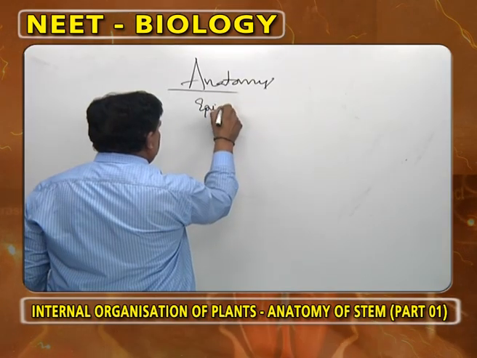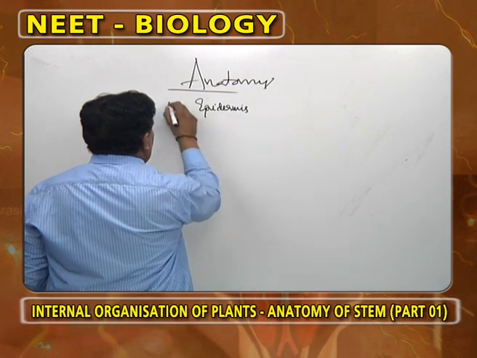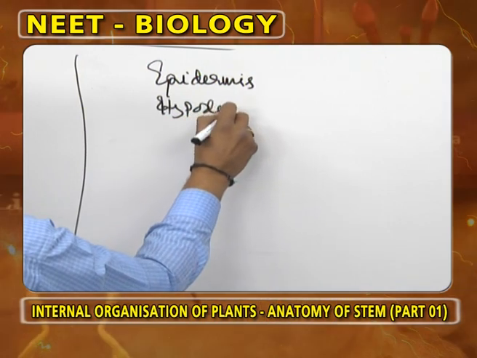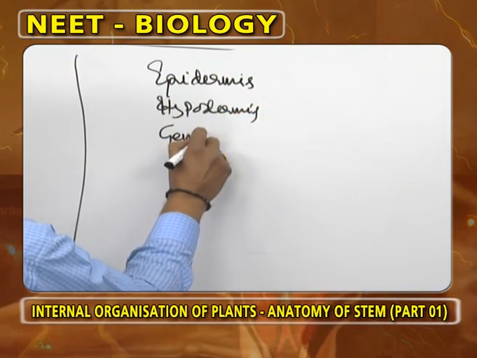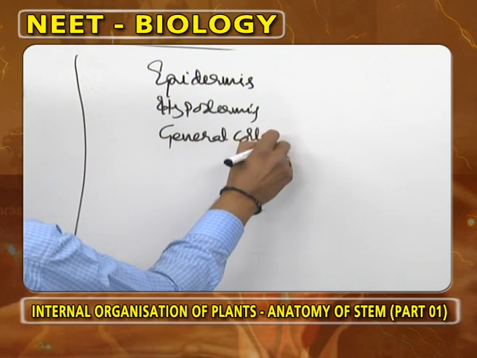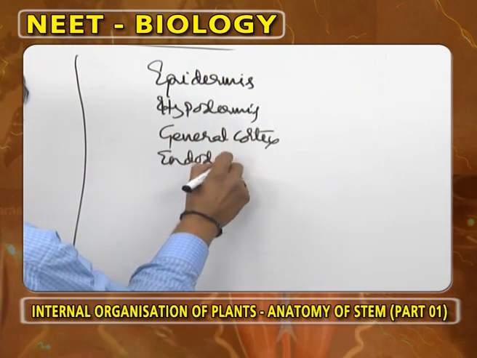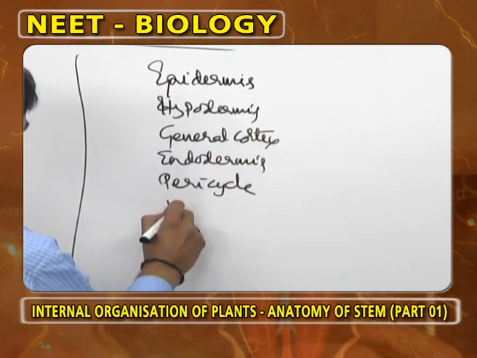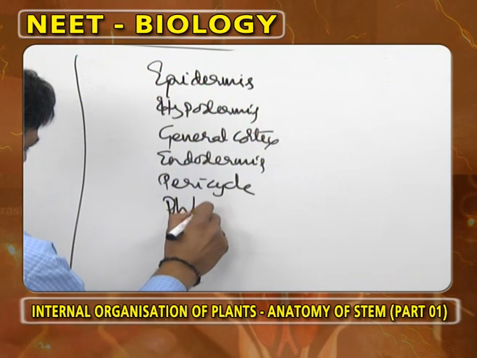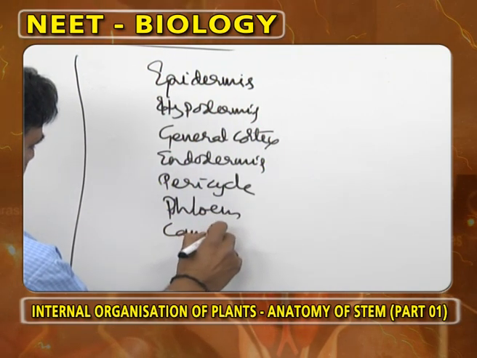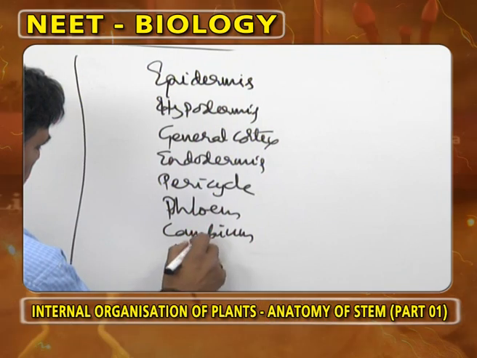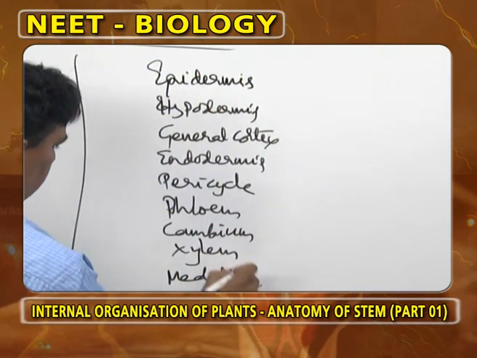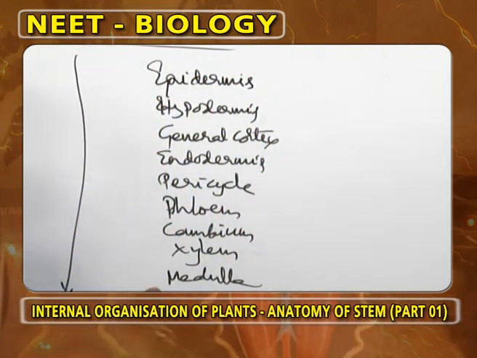First, epidermis, then hypodermis, then general cortex, then endodermis, then pericycle, then phloem, then cambium, then xylem, last medulla. So, this is from top to bottom, centripetal.